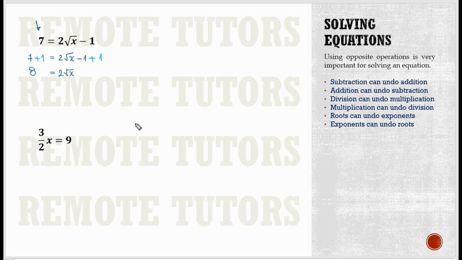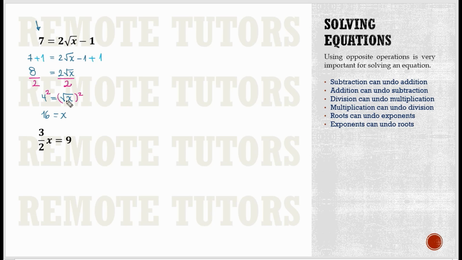Now, what comes next? Next, we have to remove times 2. So we will divide both sides by 2, and we get 4 equals to the square root of x. And at last, in order to remove the square root, we will square both sides of the equation. So finally, the value of x gives 16.